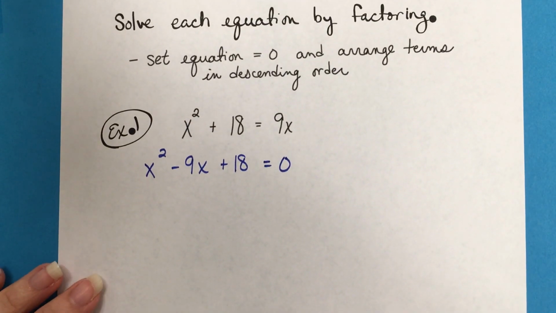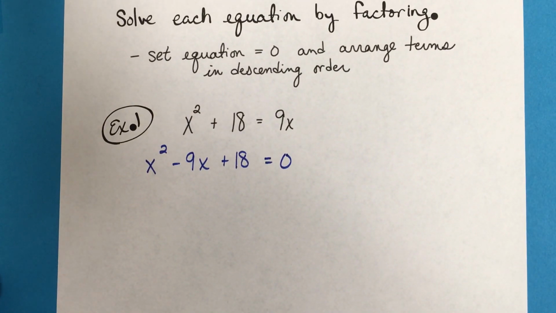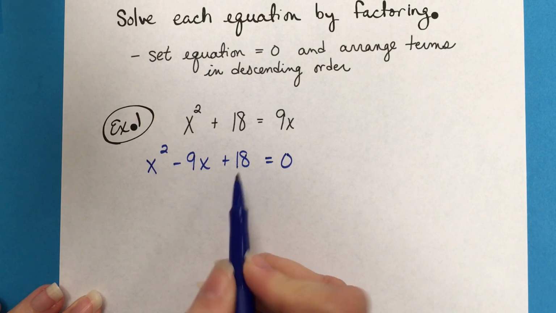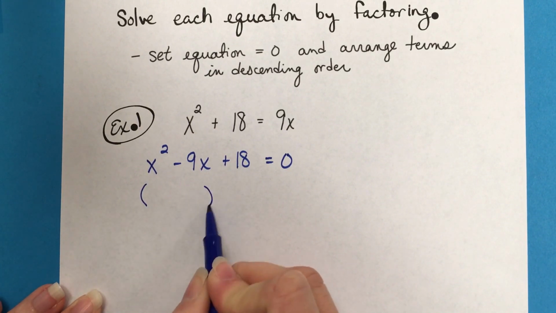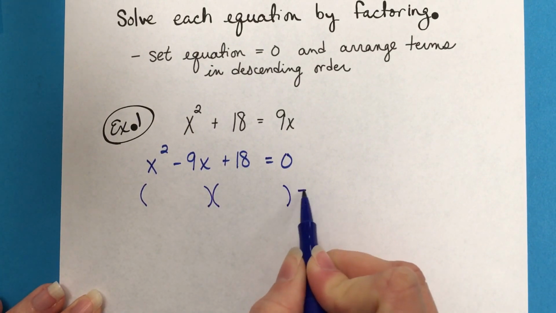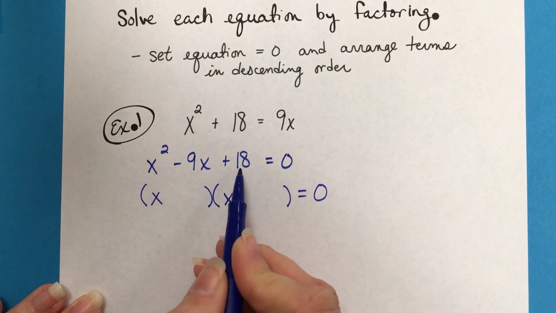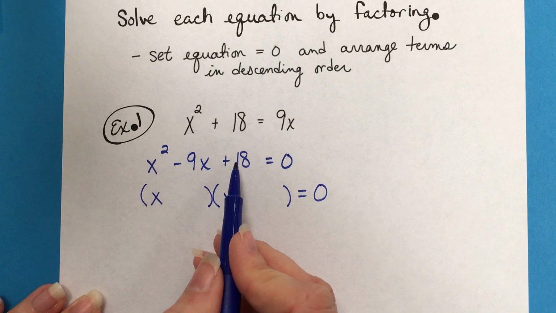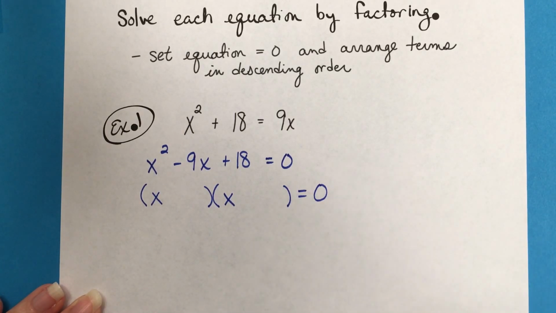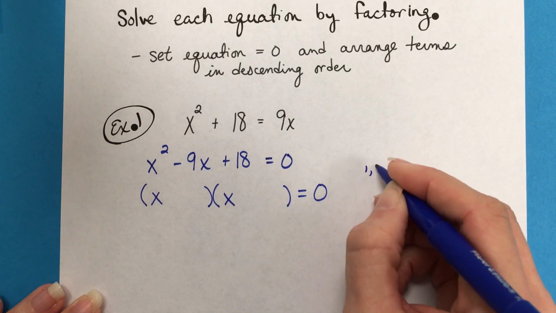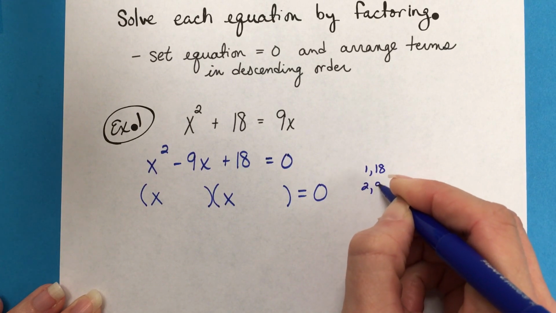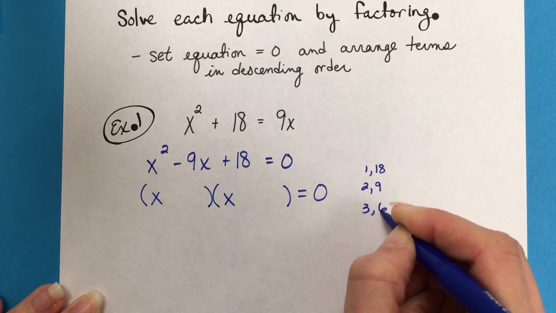Now, once you get that taken care of, then you do your factoring. Remember, when you're factoring, if you have a GCF, then you do need to check for that first. But I don't have a greatest common factor here. Just go ahead and set up your two parentheses. So x squared would be x times x. 18. Of course, you have a choice of 1 times 18, 2 times 9, 3 times 6.